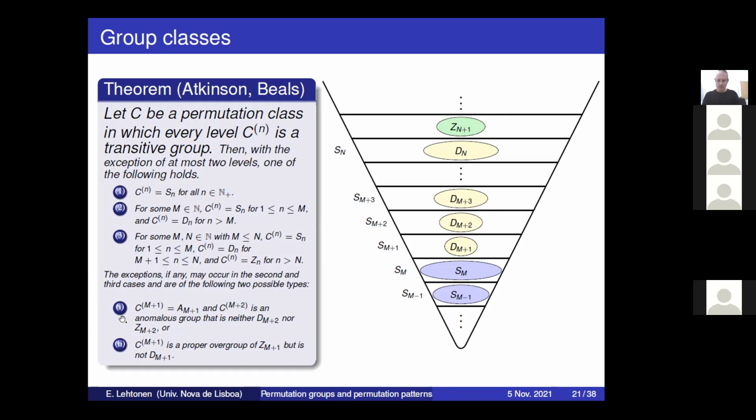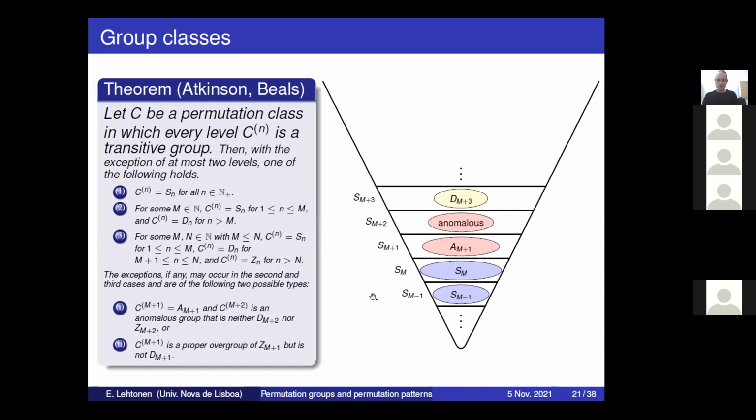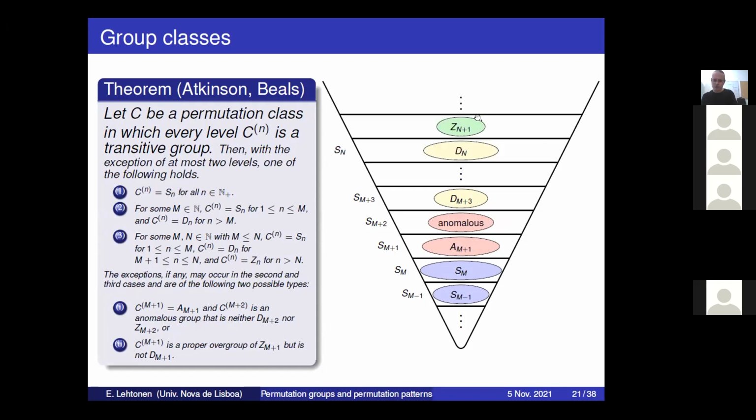Then there may be some variations to this. The first variation: we have the symmetric groups, and then we have the dihedral groups, but between them there will be two extra levels. There will be the alternating group, followed by what Atkinson and Beals called an anomalous group, and then come the dihedral groups, possibly followed by the natural cyclic groups.